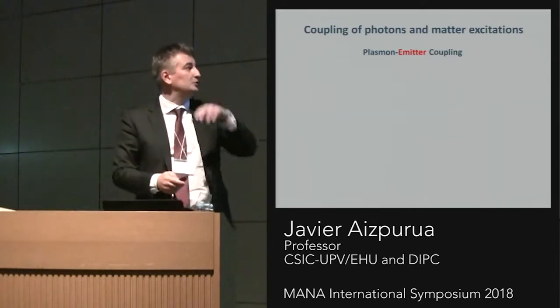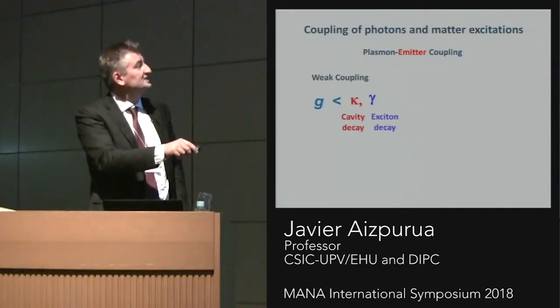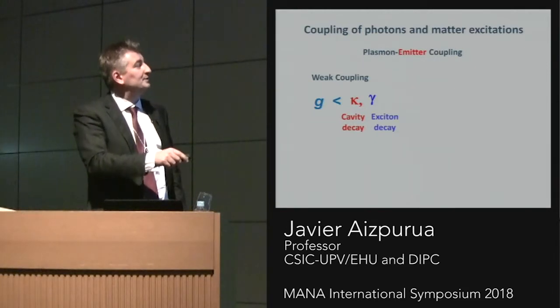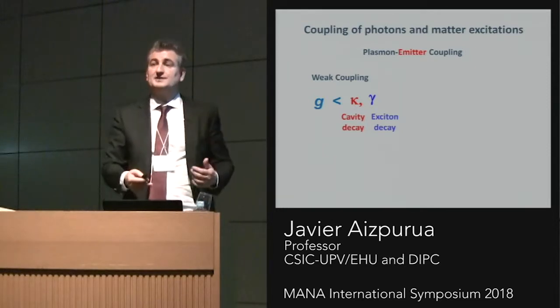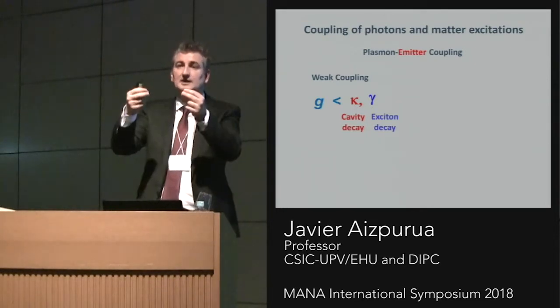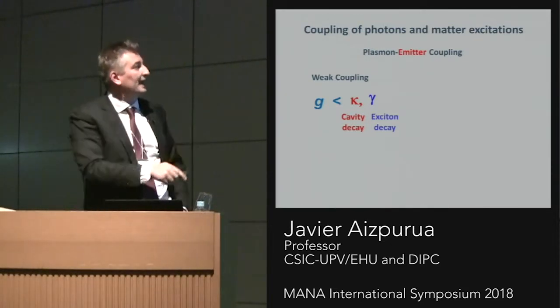And now we can distinguish two regimes here in the plasmon-emitter coupling. One regime where this coupling energy, this coupling strength, is very small. The coupling rate is very small, and the cavity and the exciton decay faster. So the cavity and the exciton don't have time to interact. Before they start interacting, they already decay. And this is what we call weak coupling.